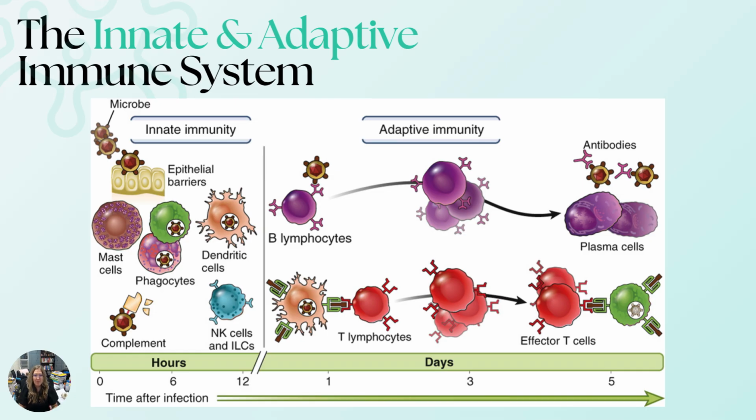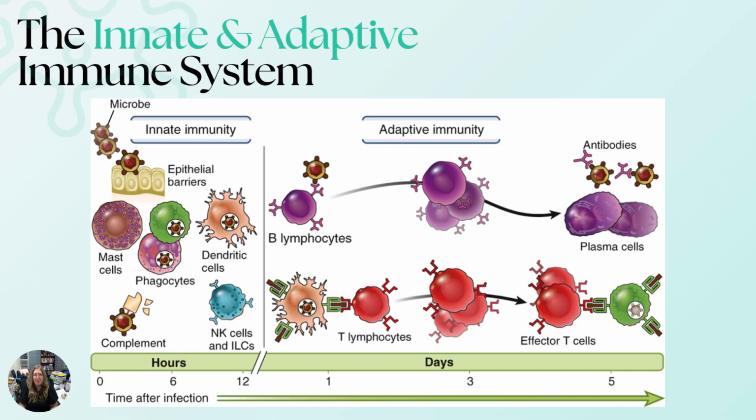The innate response really happens immediately, right? You see here our microbe. It's passing through the epithelial barriers. So you've got barriers, you've got phagocytes, dendritic cells, natural killer cells, complement, all reacting relatively quickly.